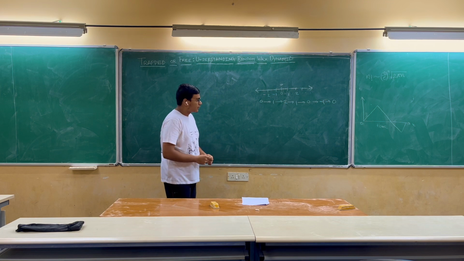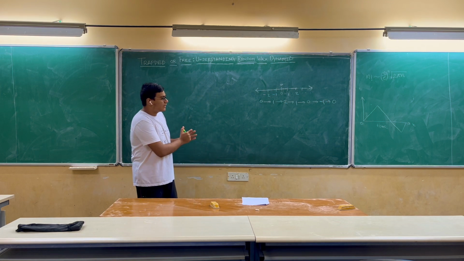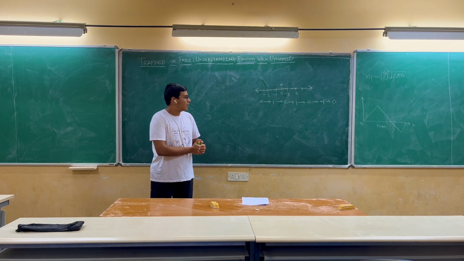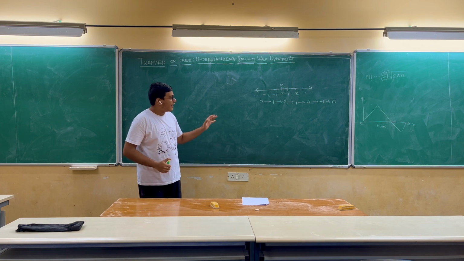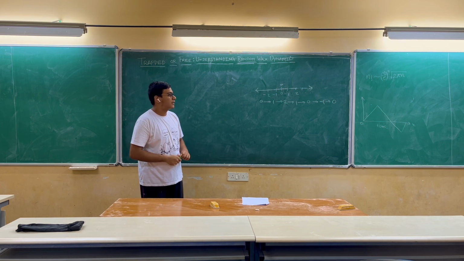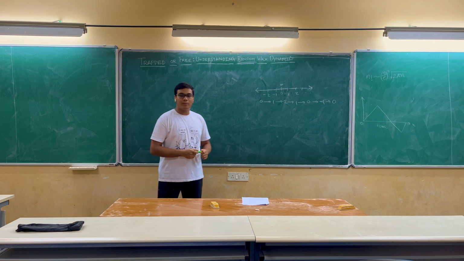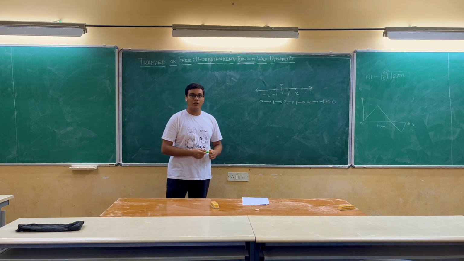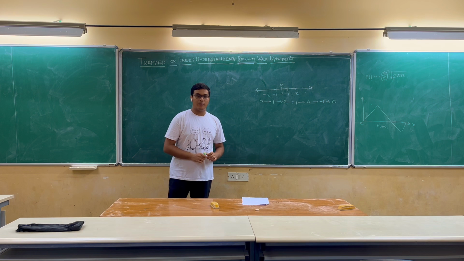Okay. So till now this is just a basic idea that we have visualized of how a random walk can look like. But to explore more of the properties of such random walks, we need to define it formally.